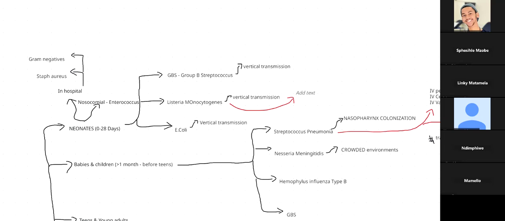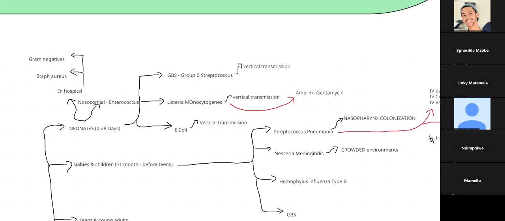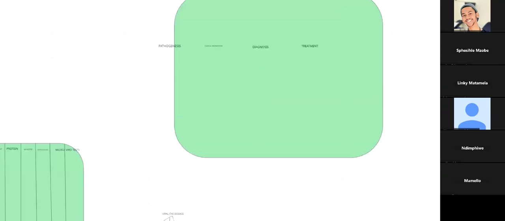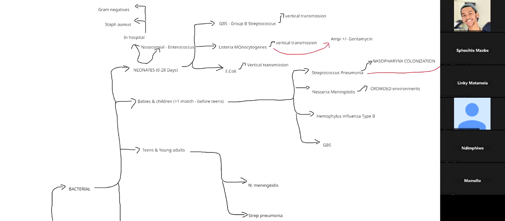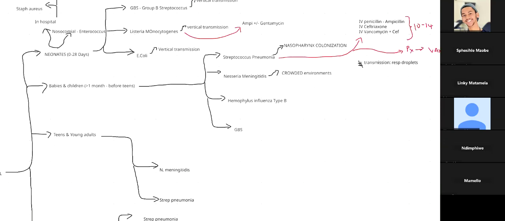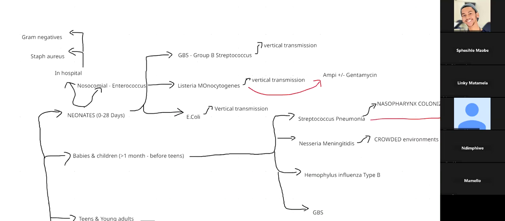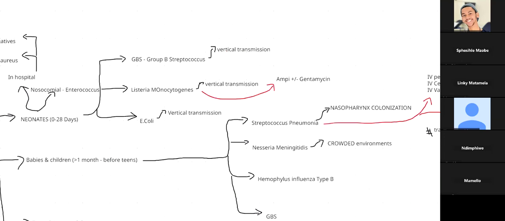So for Listeria monocytogenes, the duration of therapy would be 21 days.